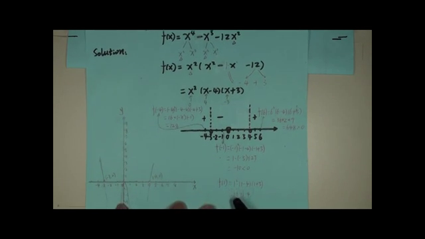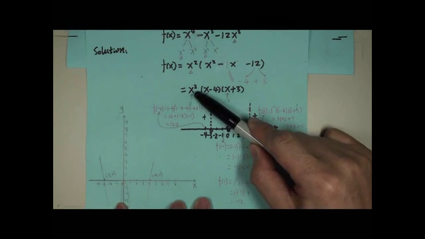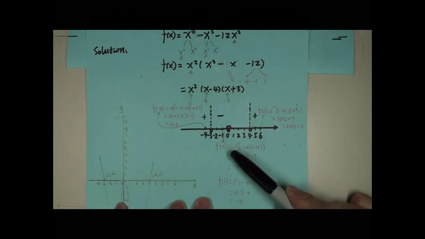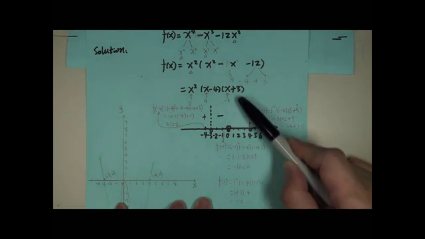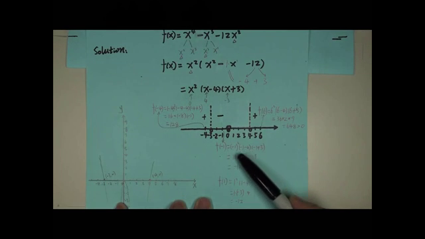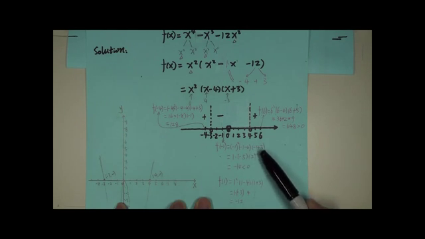Okay. If you choose -1, you plug in here -1 squared, -1 minus 4, -1 plus 3. -1 squared is 1. -1 minus 4 is -5. -1 plus 3 is 2.